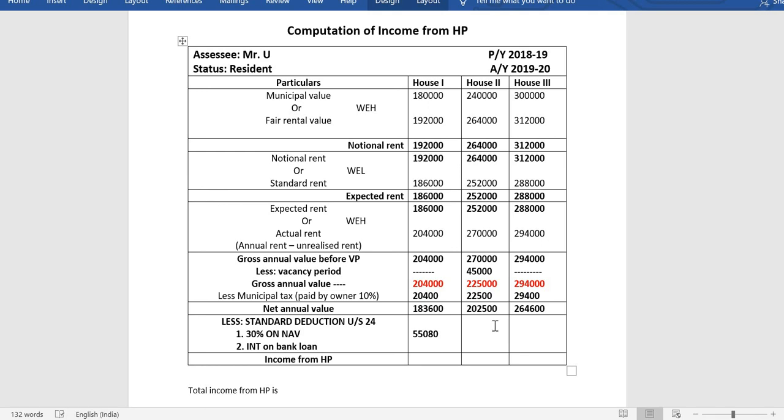Calculate 30% on 2,02,500, you will get 60,750. Then 30% on 2,64,600, you will get 79,380 rupees.